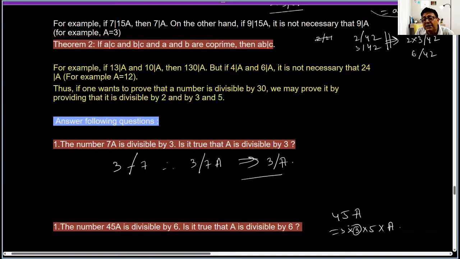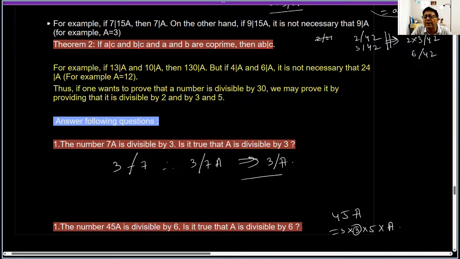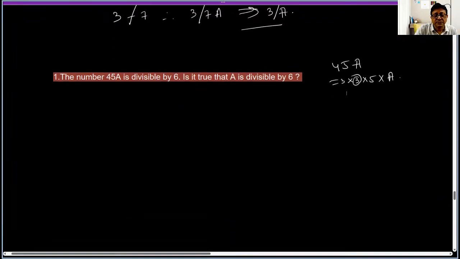So a may be just a multiple of 2, and then also the whole product will be divisible by 6. So it will not guarantee that a is divisible by 6. Maybe, may not be, not guaranteed. It is possible also that a may be a multiple of 6.